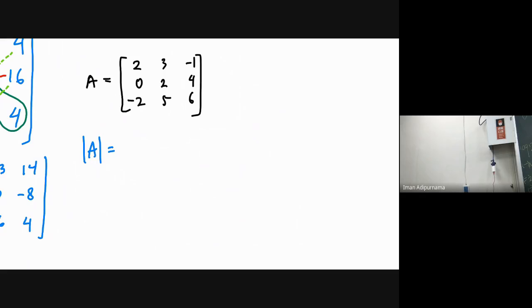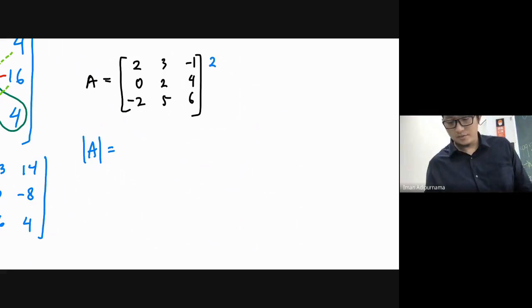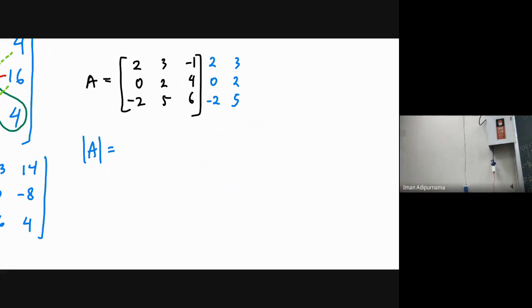I think in high school, some of the teachers teach this. So you repeat the same columns here, right? Anyone who's learned this? And then what will you do?